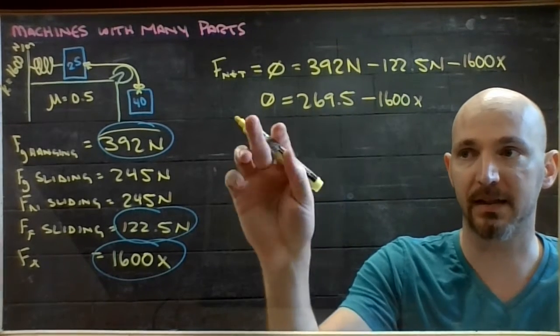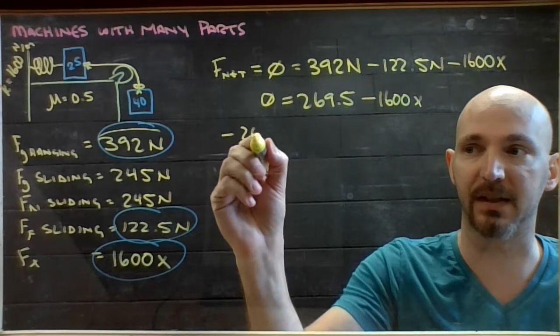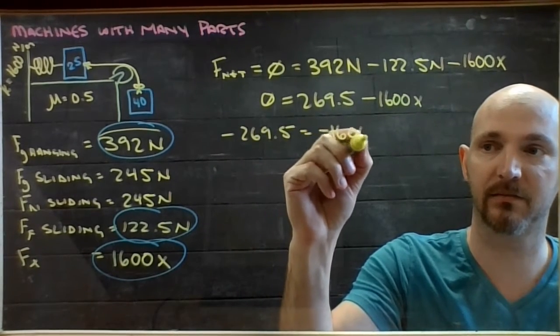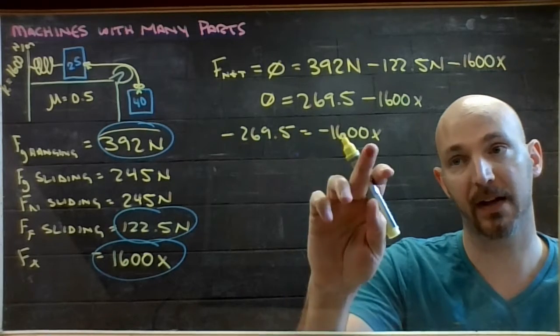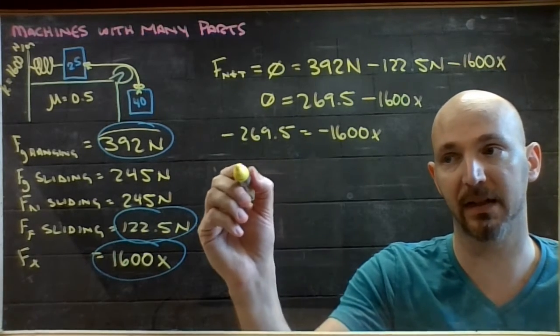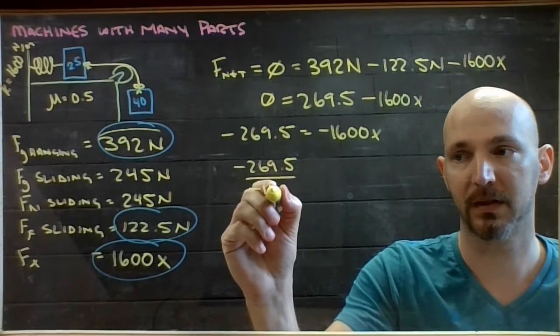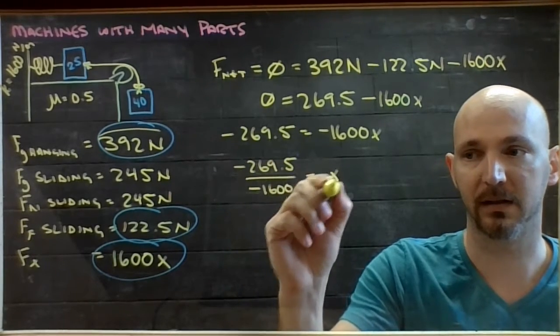If I kick this to the other side, I get minus 269.5 equals negative 1600. And if I divide both sides by negative 1600, let's see what I get there.